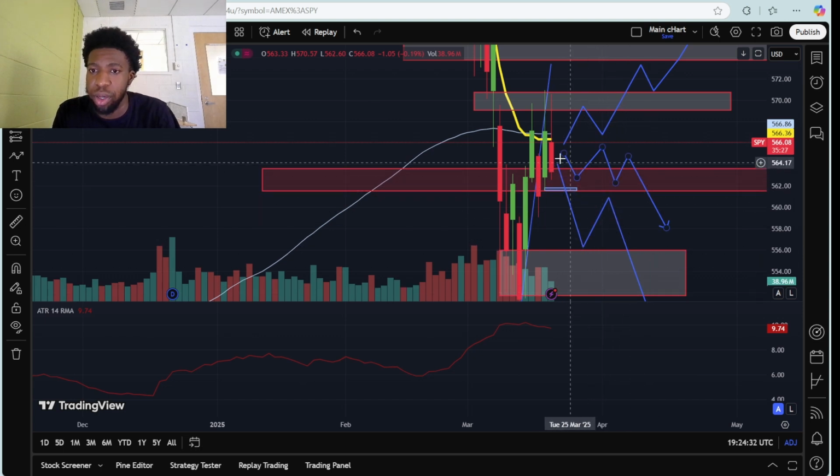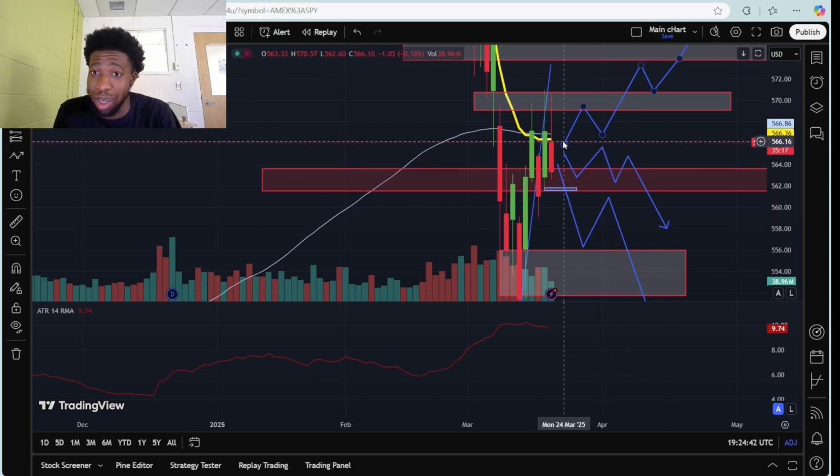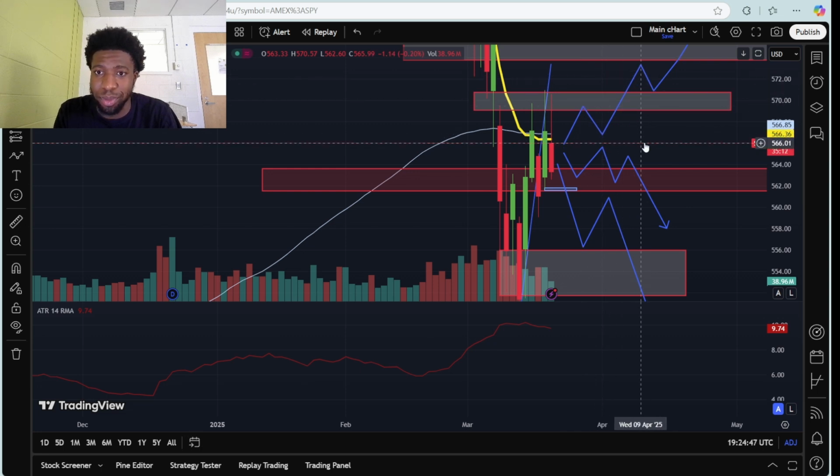But with my other arrows, I do think consolidation is possible. If it does consolidate under the VWAP, I do think there's more downside. If it gets above the VWAP, I think there's upside. What else?